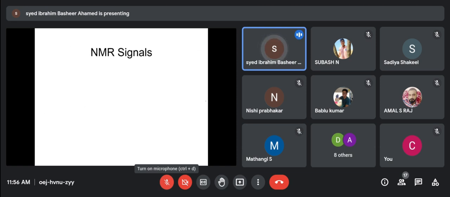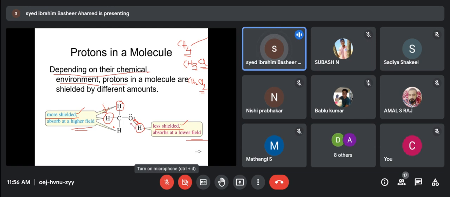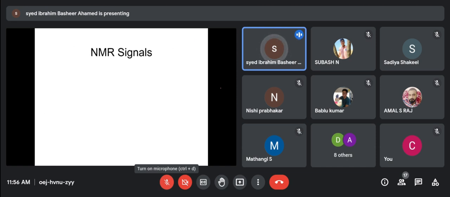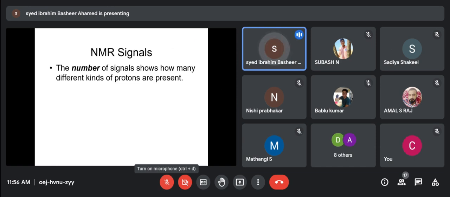Each of these molecules will not give you the same kind of peak. Methane will give some pattern of peak, methyl chloride will give some pattern of peak, and so on for CHCl3, CH2Cl2.